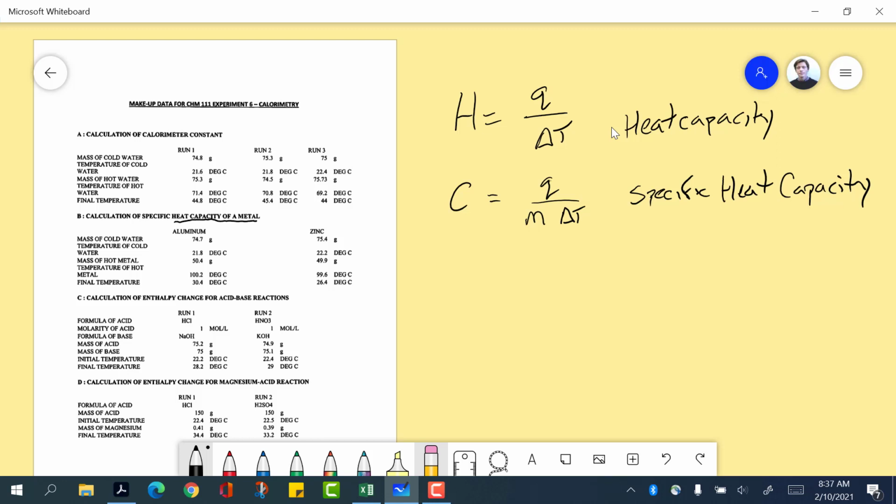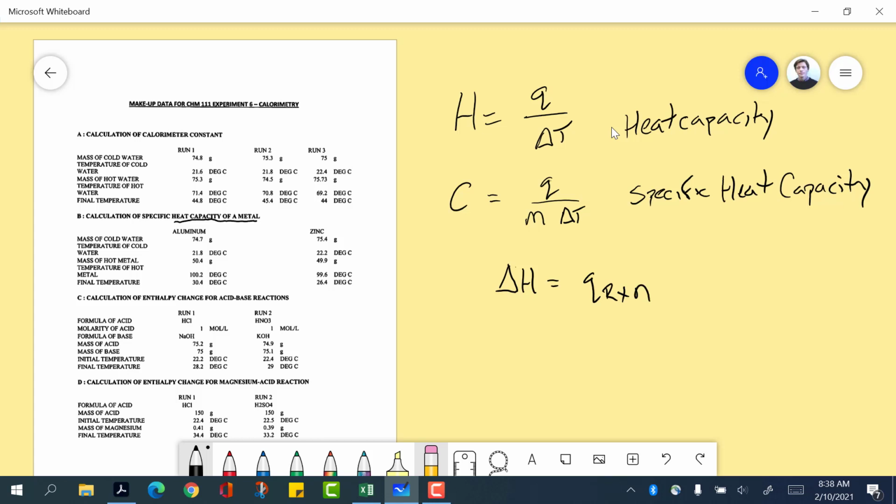As we were saying before, a bomb calorimeter is a constant volume process, so that gives you some idea of the internal energy. And the coffee cup calorimeter is a constant pressure process. Well, it turns out that there's a quantity called the enthalpy, and that's the heat of the reaction.